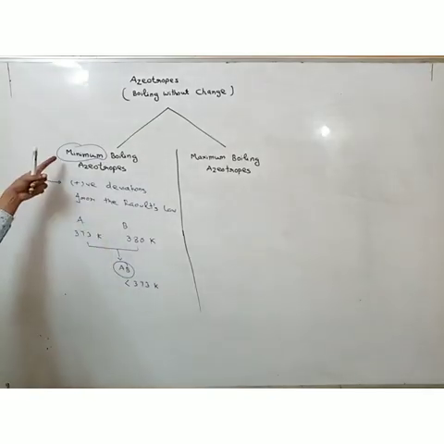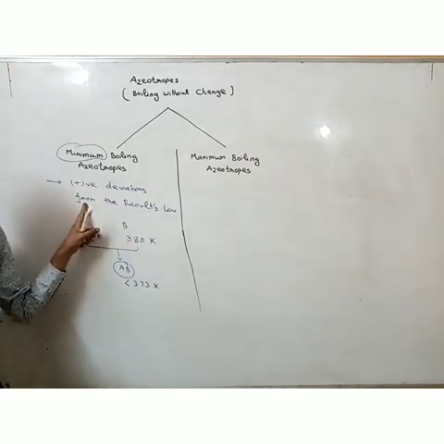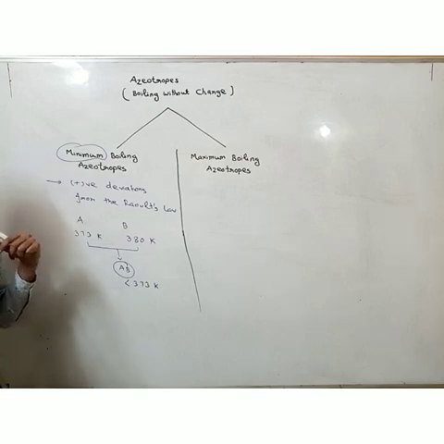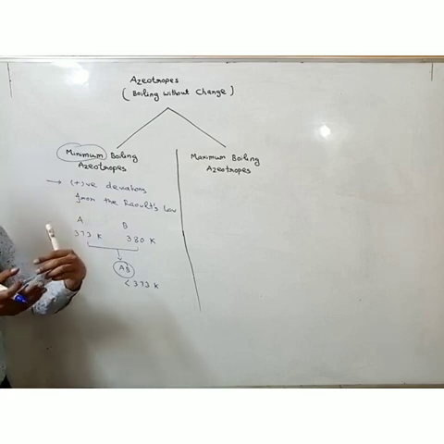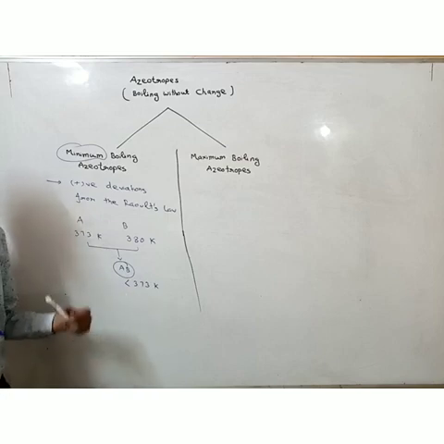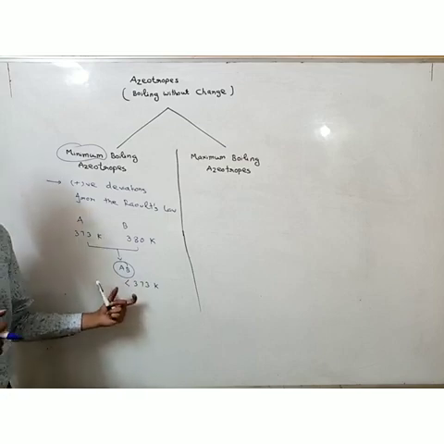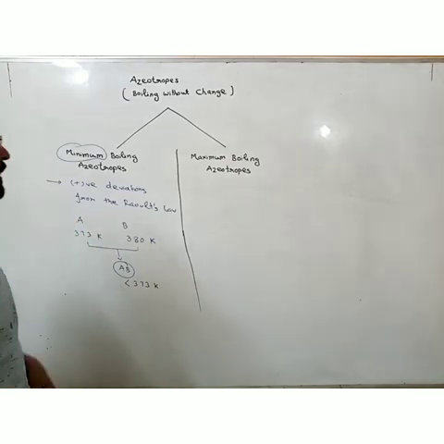Again, what are minimum boiling azeotropes? These are the solutions which show positive deviations from Raoult's law. That is, there are less interactions among solute and solvent molecules. Intermolecular distances are more, interactions are less, so the boiling point decreases below the boiling point of the minimum boiling component.